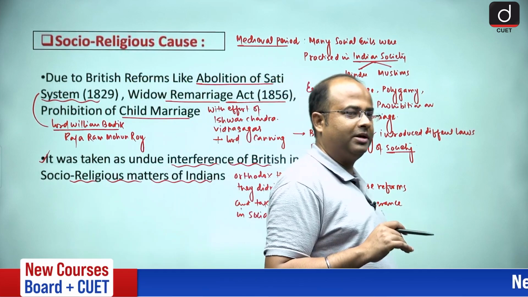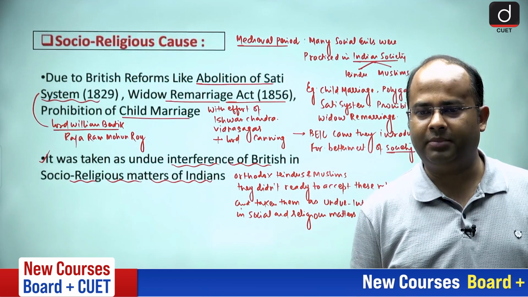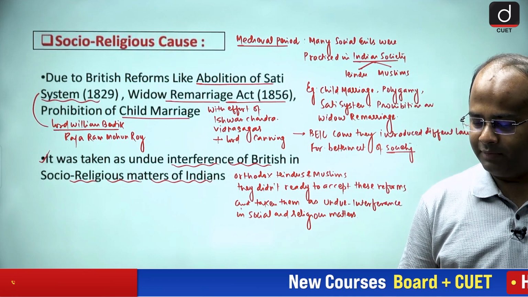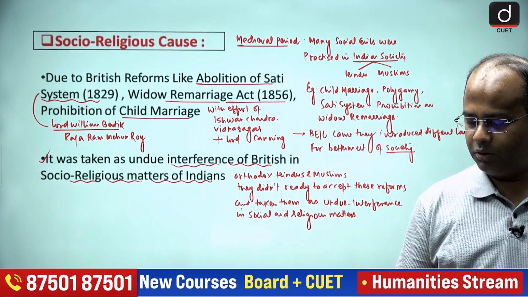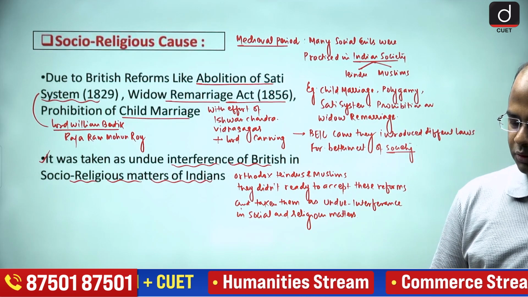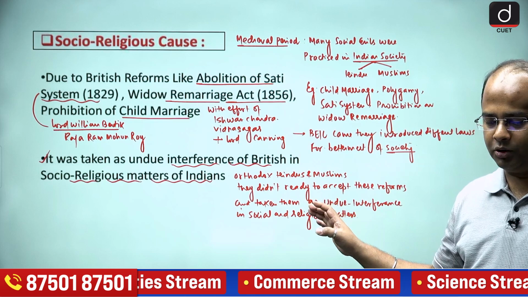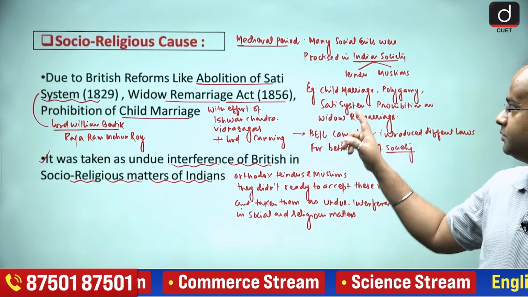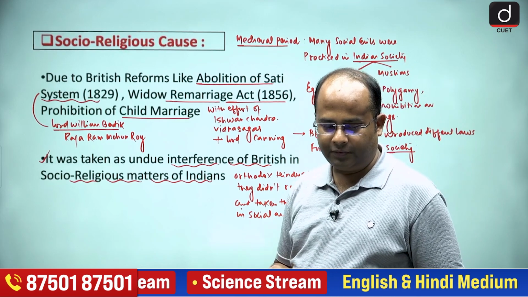So the Orthodox Hindus and Muslims became dissatisfied with this activity, and finally, my dear friends, that led to the revolt of 1857. I hope, guys, is that clear to all of you? That was the socio-religious cause of the revolt of 1857.